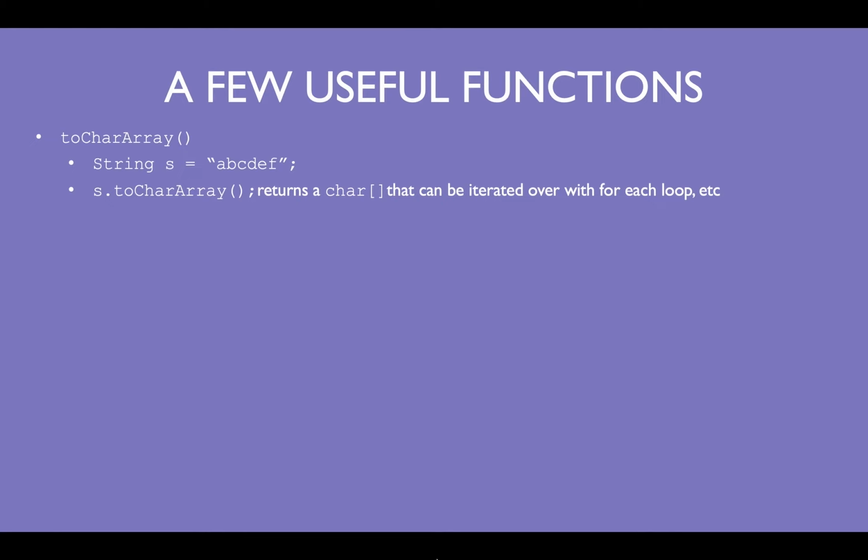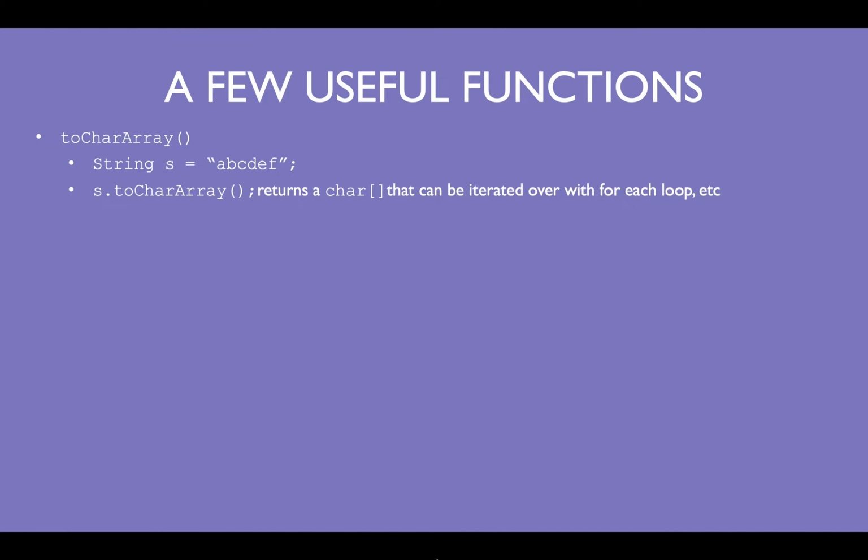This removes the need to make a for loop with a counter and call the string's charAt at that certain index, and instead lets you just go through each character of this array with a for-each loop, which makes it a lot easier whenever you're doing problems that may require you to examine characters one by one in order.